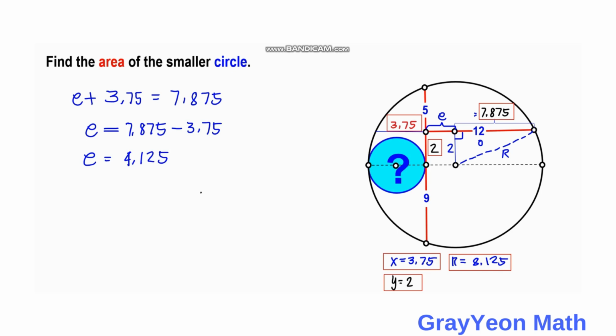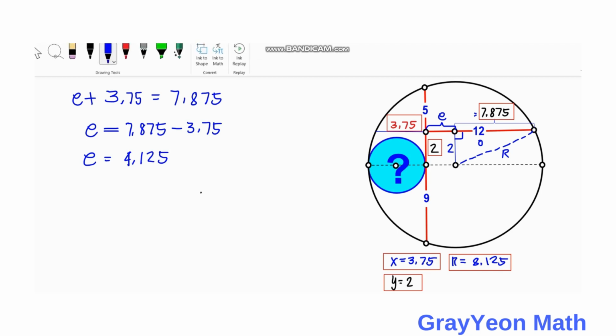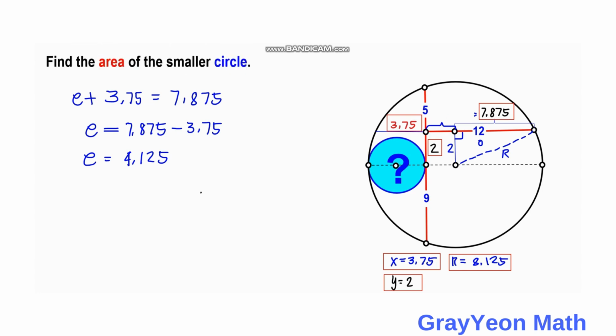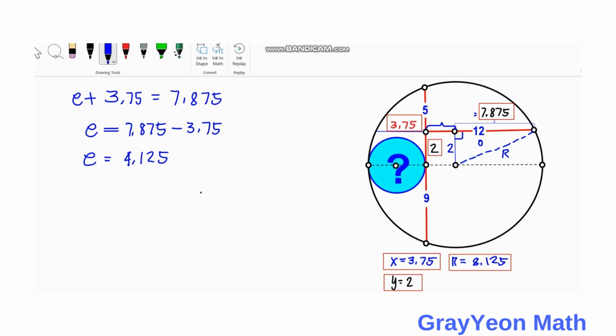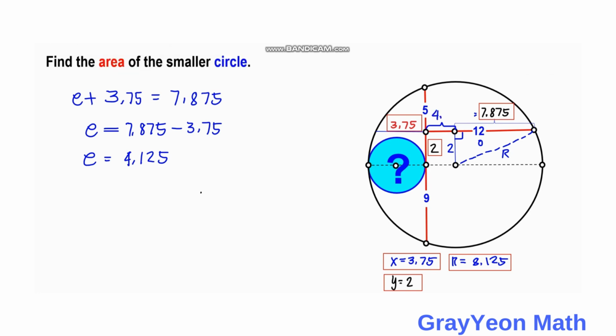And the same with this one, since this is just the projected length, it is 4.125. And since we know that the radius we got earlier, from the center to this point, is 8.125.